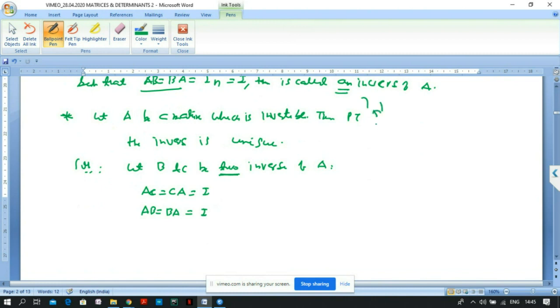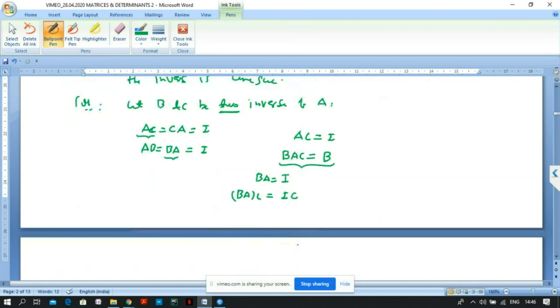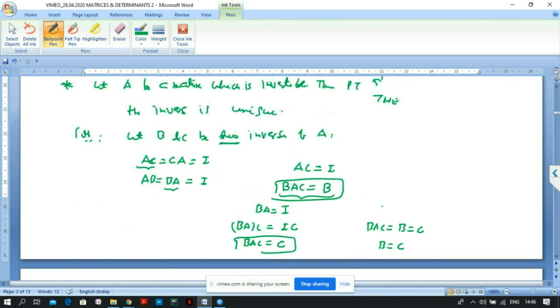So now AC equal to I. What I do here is, I multiply by B, pre-multiplying, so BAC equals B. So we get BAC is B. Now I pick this one, BA equals I, and multiply by C, this time post-multiplication. So BAC equals I times C, which means BAC is nothing but C. Now BAC is C and BAC is B. Together they imply that B equals C. So we have proved that if the definition allows two inverses of A, then they must be the same, which means that inverse is unique.